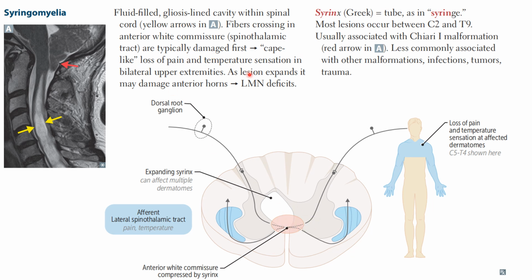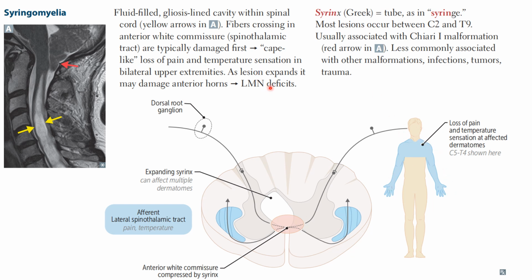So if this gets damaged, what happens is that the pain and temperature sensation in the bilateral upper extremities is lost. So they feel a loss of pain and temperature in the upper limbs. Here you can see the upper limbs, and this bilateral upper portion also includes the shoulders and elbows and hands and all of that.